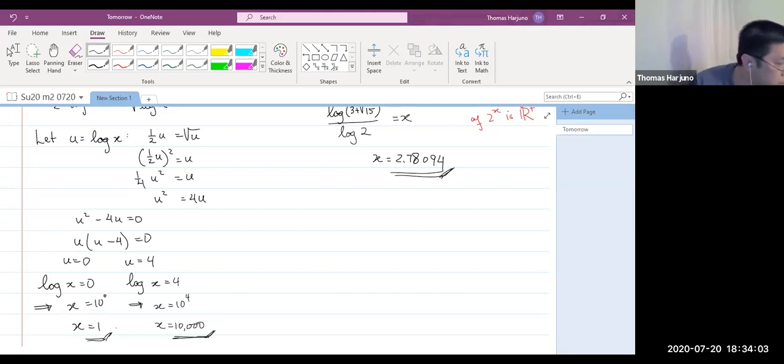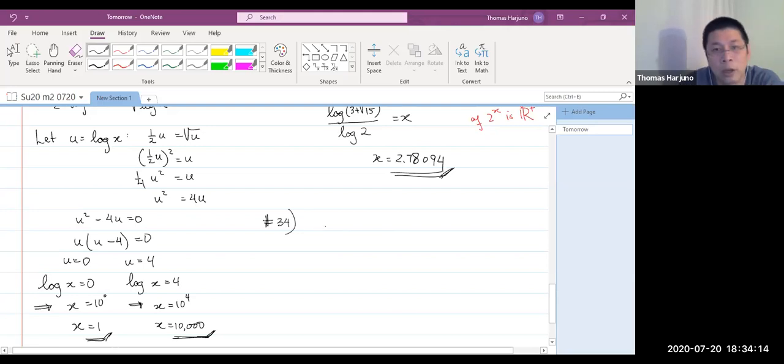You will see this question is actually quite similar to question number 34. It's not exactly the same, but quite similar. We have log of x cubed equals log of x, being cubed.